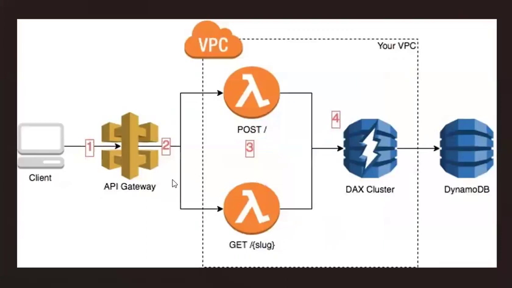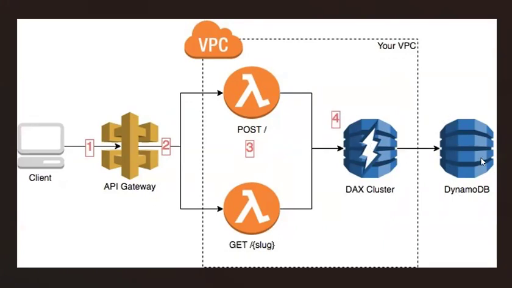Here again, there are two types of requests. For what type of request will this DAX cluster provide you the response? This DAX cluster will provide the response only for read requests. Other than read requests, it won't process the request. It will send that request directly to DynamoDB. So what are the possible requests for my DynamoDB?